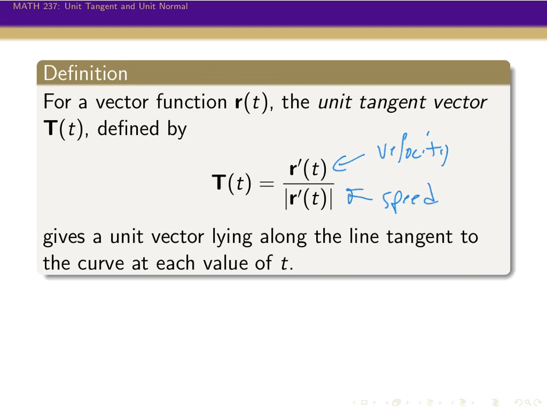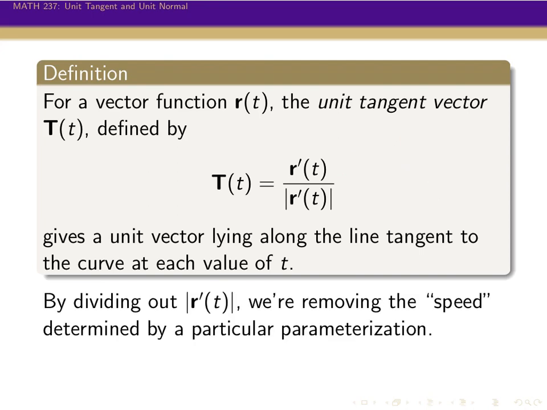This creates a unit vector that's just lying on the line tangent to the curve at each value of t. By dividing out the speed function, the magnitude of r prime, we're removing the speed given by this particular parameterization.